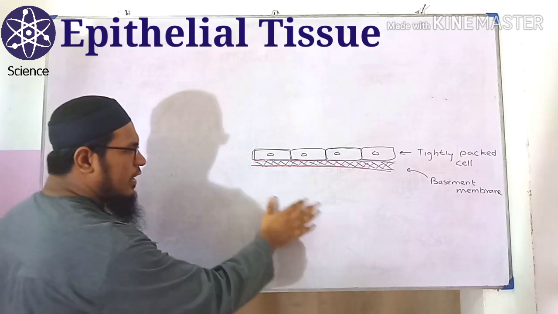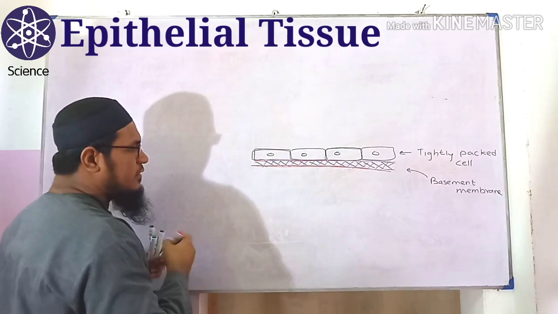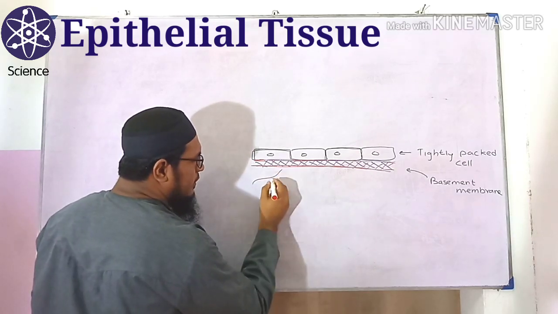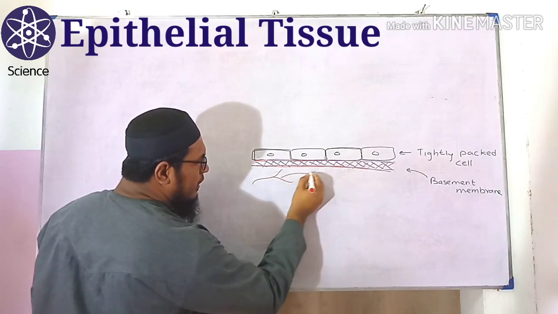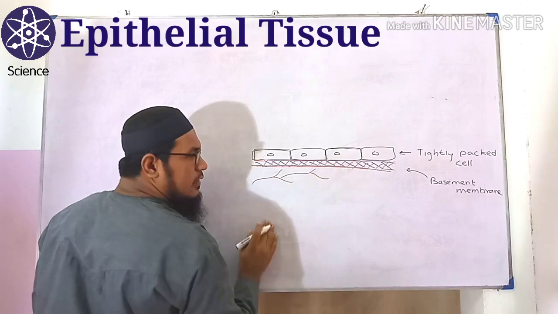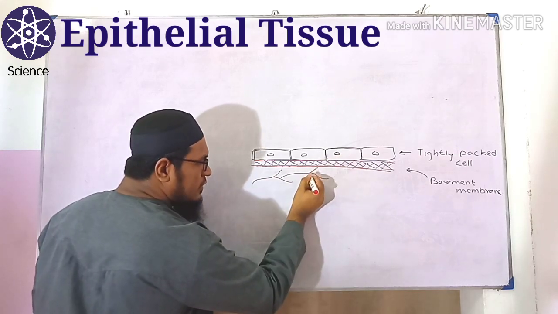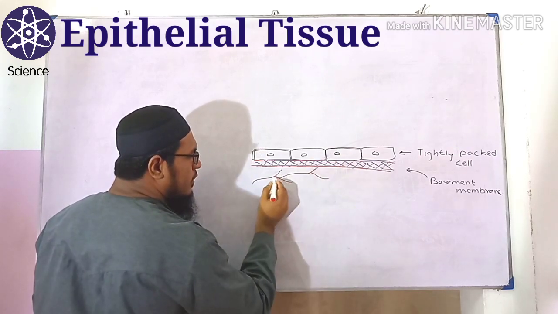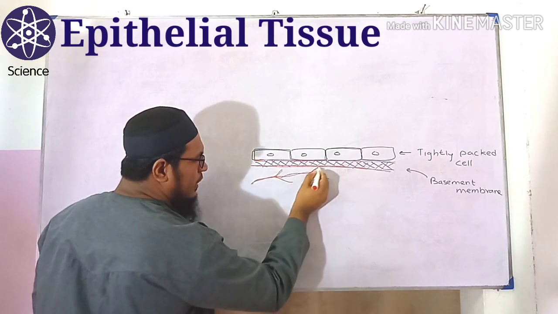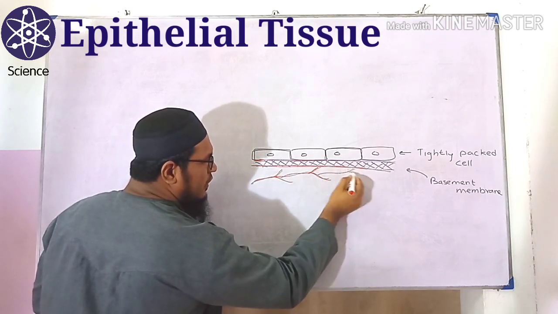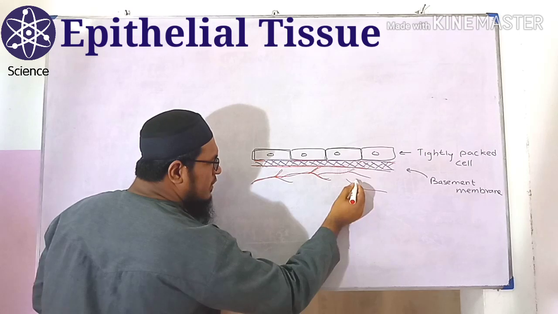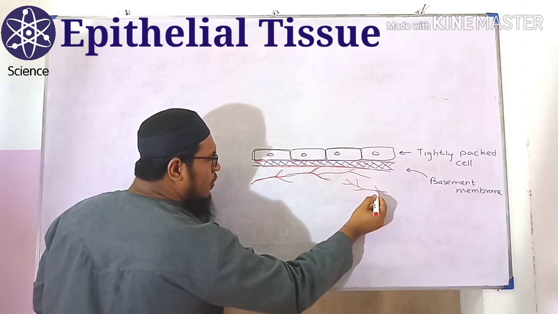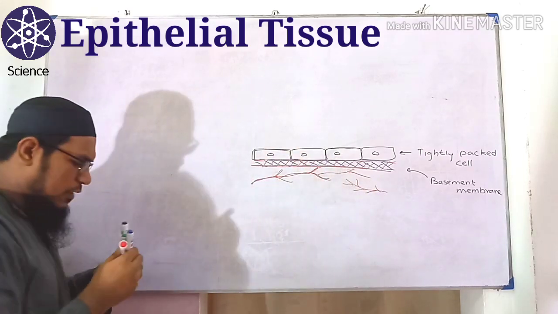Within that there are other cells and they have blood supply. But this blood supply is not present in the epithelial tissue. These blood vessels do not go until the epithelial tissue. So that is the third feature of epithelial tissue. Blood vessels are below, but they do not enter into the epithelial tissue.